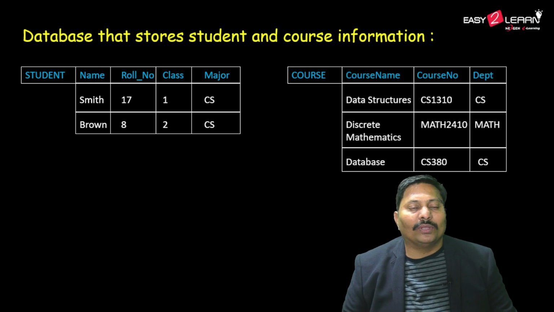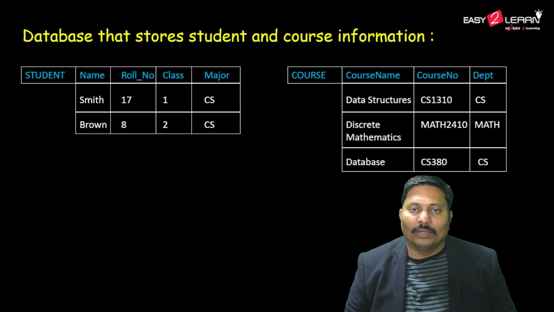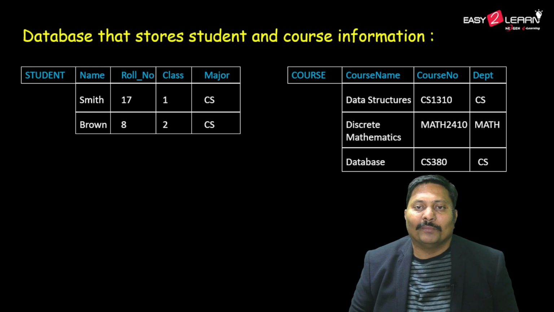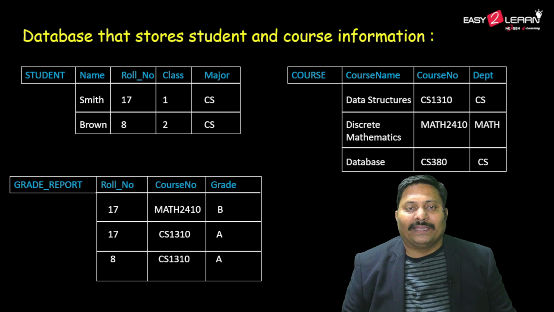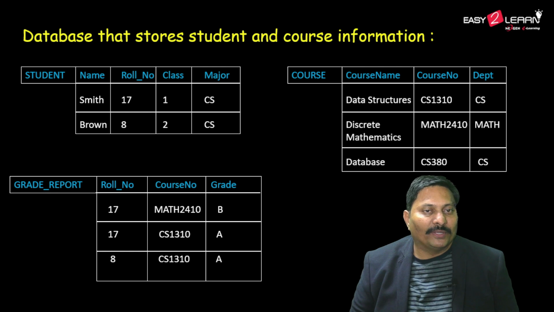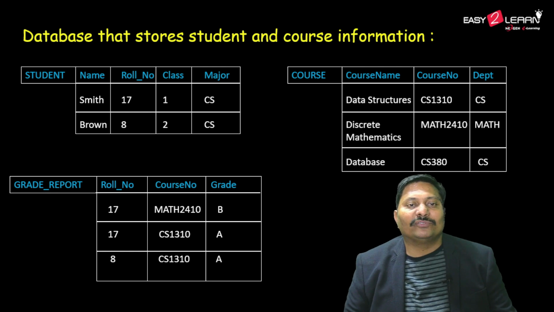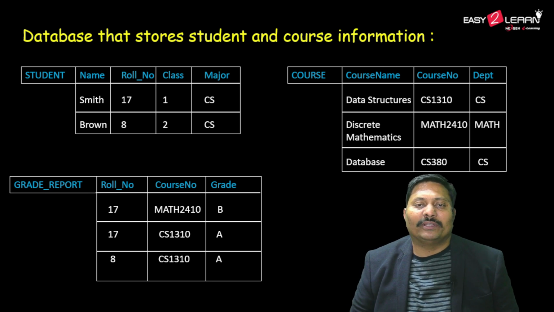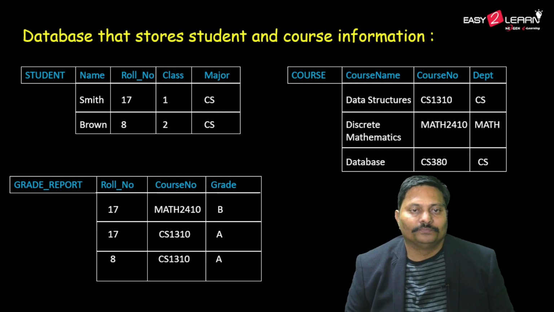The second table is the course table, which holds information about courses available. And the third table is a grade report table, which contains information about the grades received by each student in a particular course. As we have seen earlier, the four functionalities provided by the DBMS, let's try to understand those functionalities better with this example.